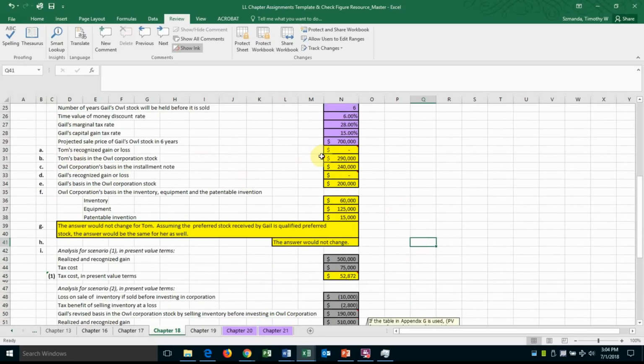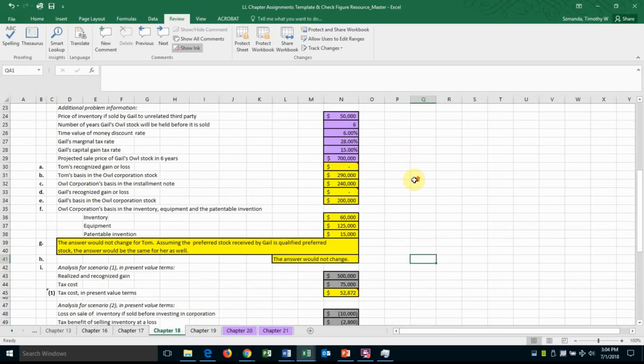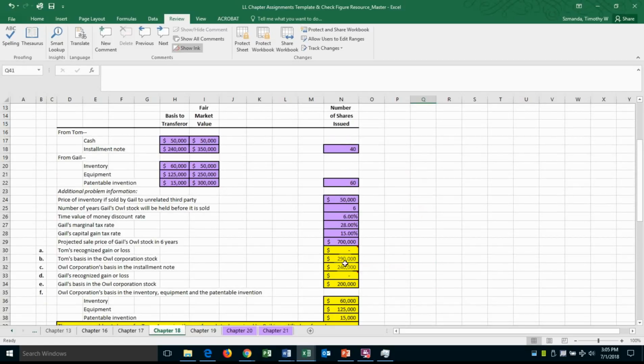Now, in part A, it asks for Tom's recognized loss on this transfer, and this transfer qualifies for 351. So Tom would not recognize any gain or loss. Part B asks for Tom's basis in Owl Corporation stock. So Tom's basis in Owl Corporation stock is going to be the sum of his cash contributed and the $240,000 basis of the installment note.